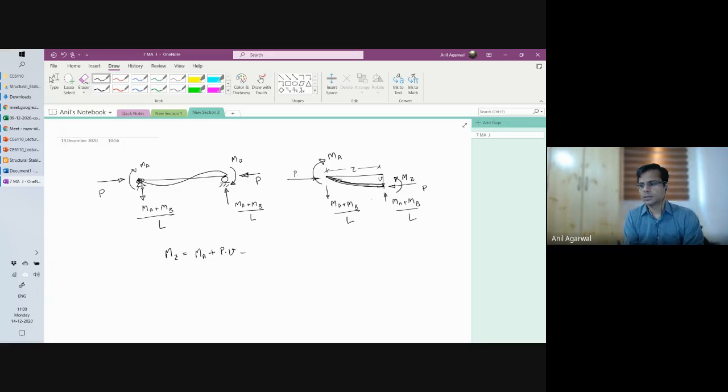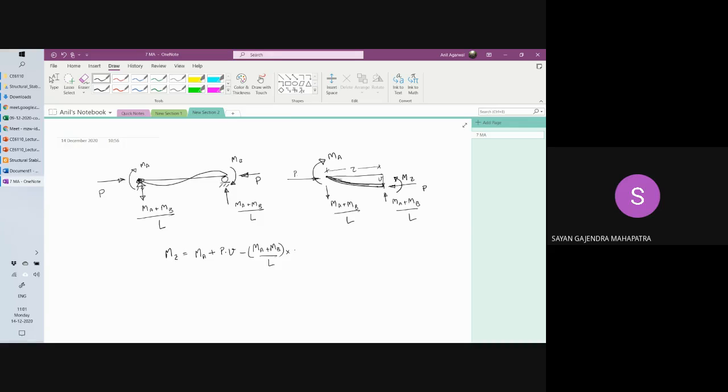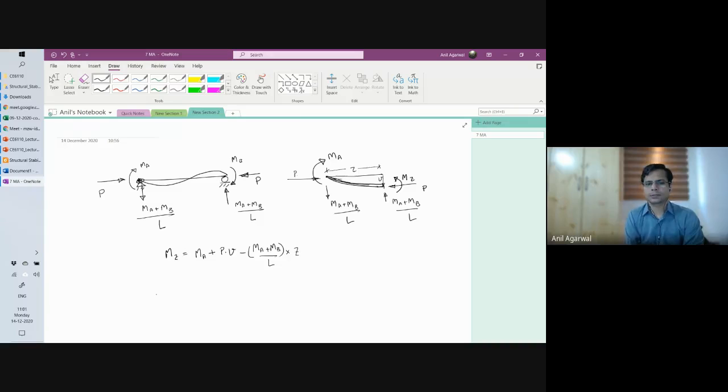And MA plus MB divided by L is anti-clockwise, so minus, multiplied by what? Z, sir. Z. Correct. So I'm just asking these random questions just to keep you awake. Otherwise it can be sleepy. And when the mathematics starts, it will be further.